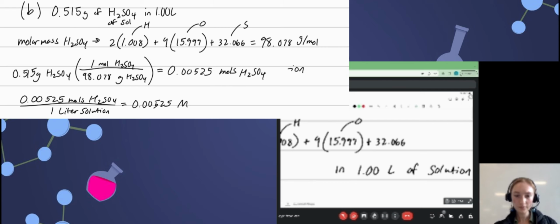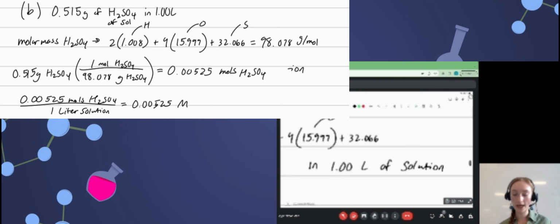We have the grams of the hydrogen sulfate, but we don't have the number of moles. When I divided it by the total amount of solution, you have to work with moles on the top, and I was just confusing grams and moles. So we have to convert the grams here to moles, and that's why we use the molar masses, just as we have done before. So we have 32.066, and that is the sulfur molar mass, and so adding up all of these, we have 98.078 grams per mole.